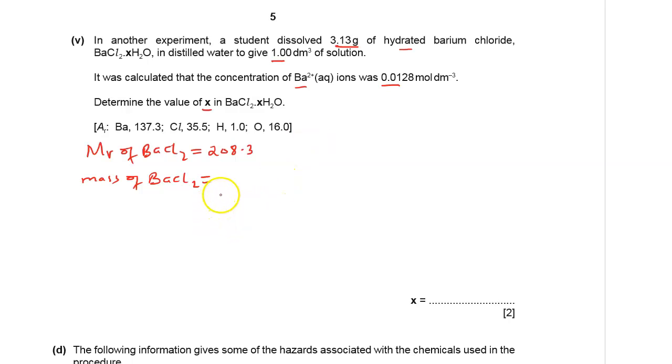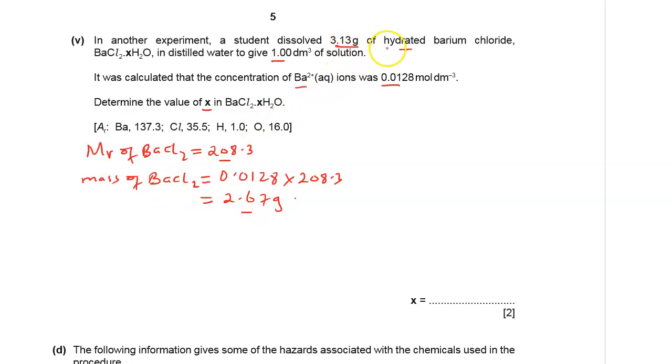So mass is equal to moles times MR. So the moles are 0.0128 times the MR, 208.3. Therefore the mass will be 2.67 grams.